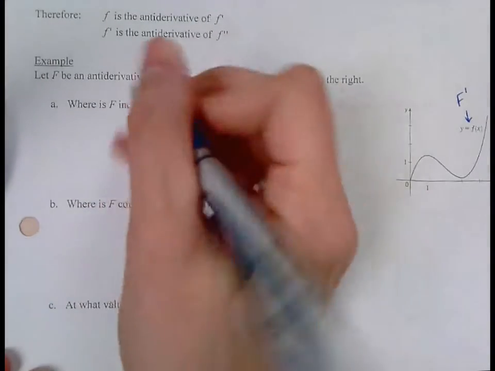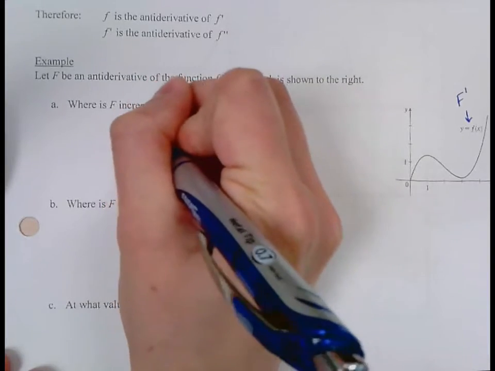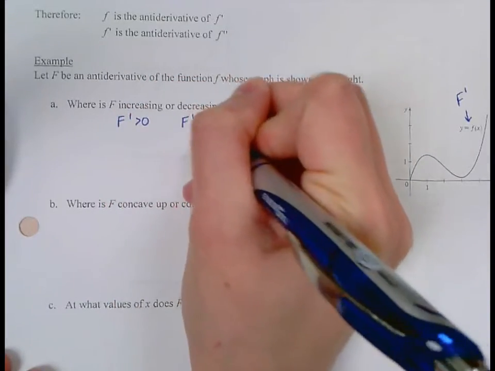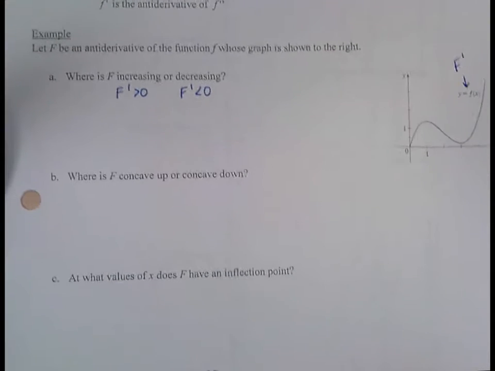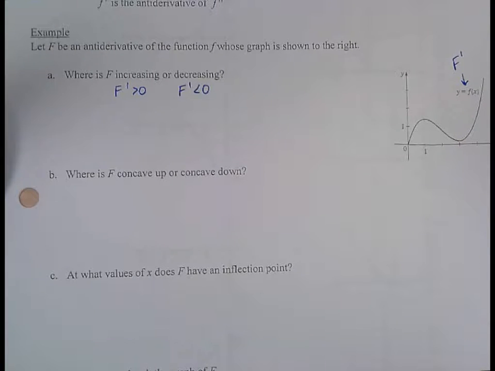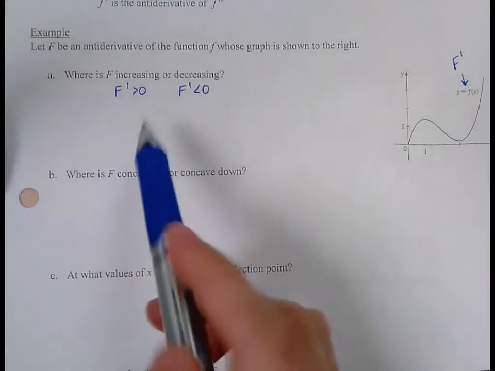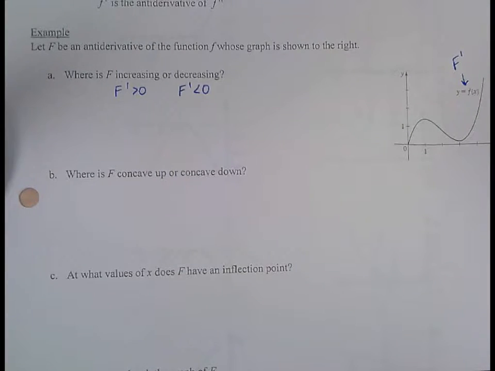So where f is increasing, this would be where f prime is positive. Decreasing would be where f prime is negative. So based on the graph we have, the graph is positive everywhere we can see from 0 to infinity. In which case this means f would be increasing everywhere.